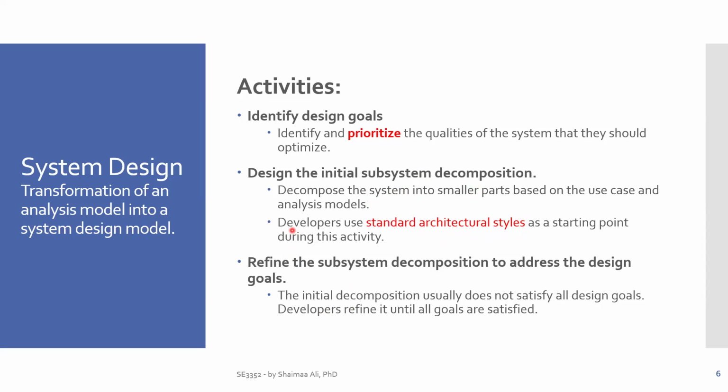You need some initial attempt, some initial subsystem decomposition, some initial organization of the components of the system, and then there will be multiple rounds of review. So we refine this subsystem decomposition based on the design goals. You take the initial decomposition and review the design goals. If something is not met, you refine your design in order to meet them, and so on in multiple rounds.